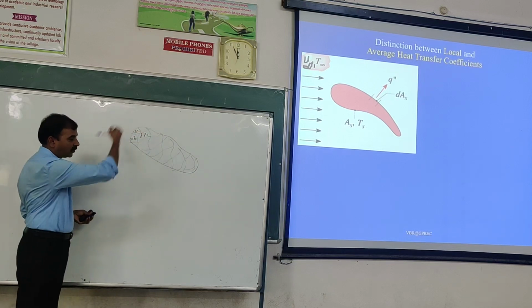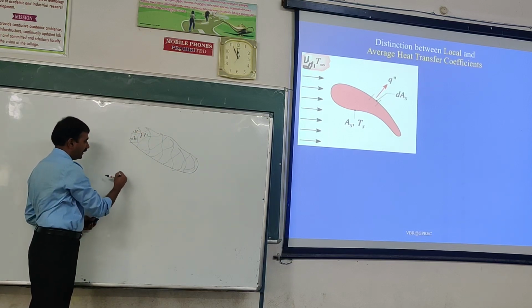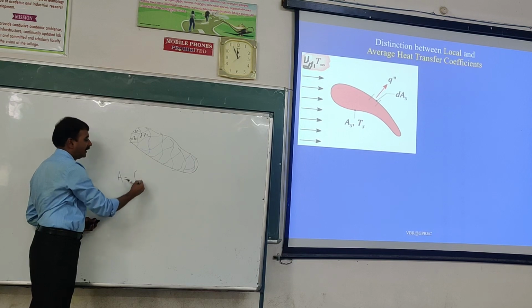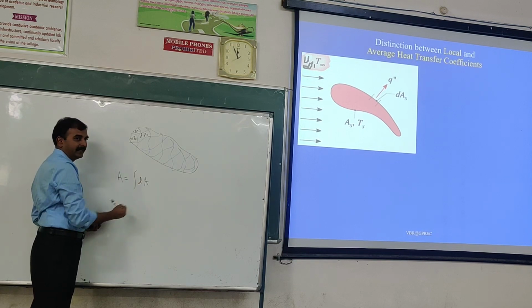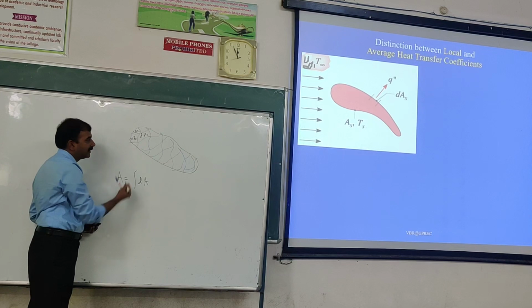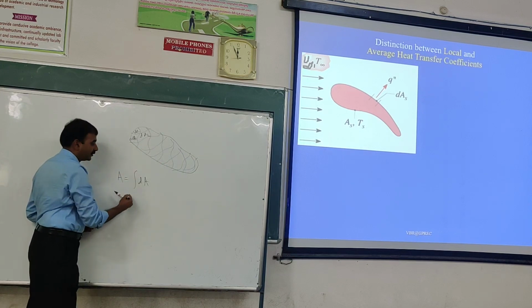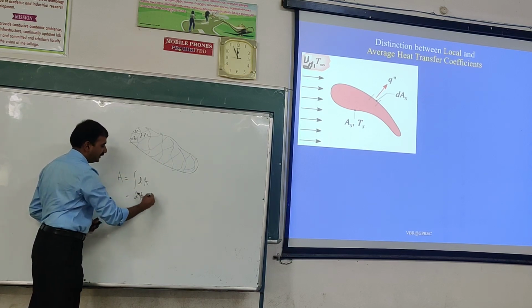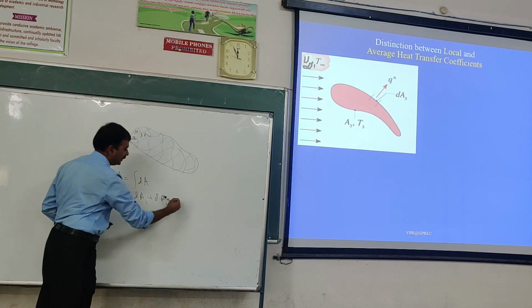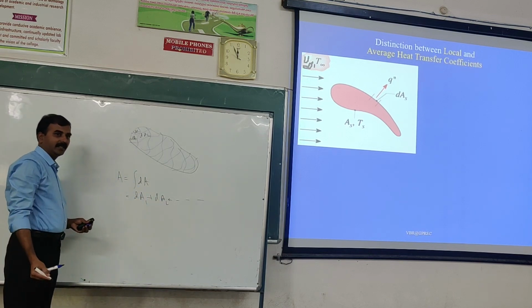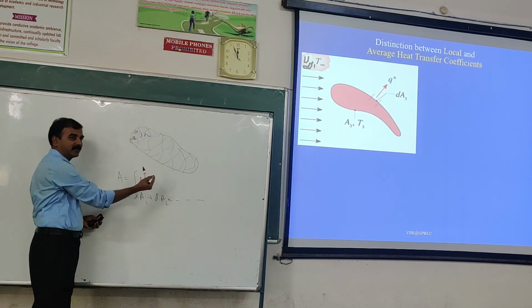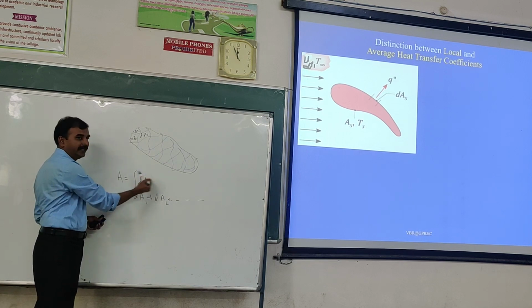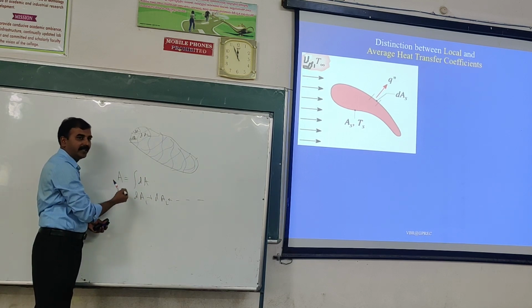How do I get the total area of the body? The total area of the body is integral dA. Now, integral dA is nothing but summation of the small parts. So I will add like this: dA1 plus dA2 plus dA3 and so on. If all are of same size, then simply integral dA is equal to dA. That we can write it as.